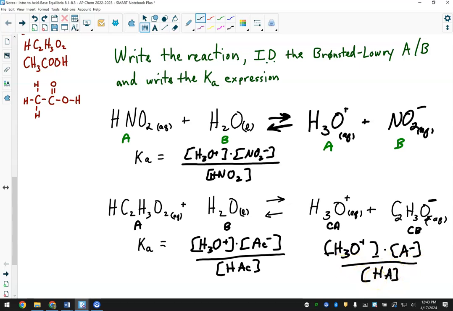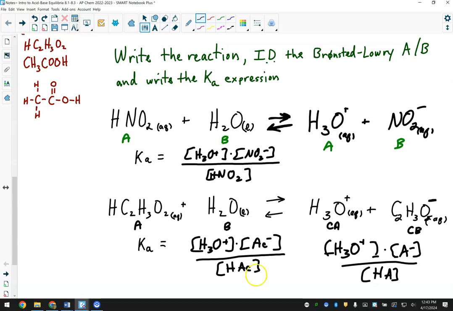So the general form of the Ka is the hydronium times whatever the anion is. Looking at these, it's hydronium times the anion in the numerator, and the HA, either HNO2 or HAc, in the denominator. So that's the general form that these equilibrium constants are going to take.